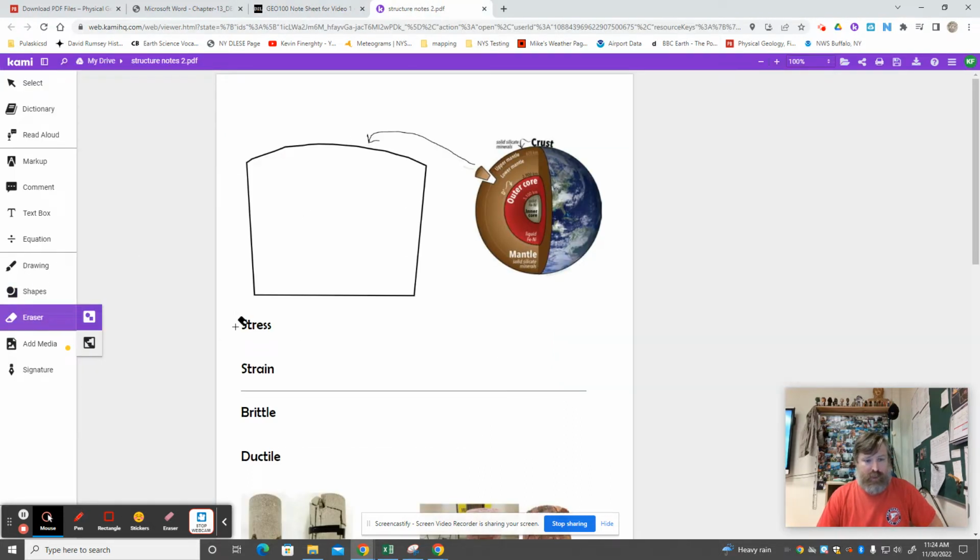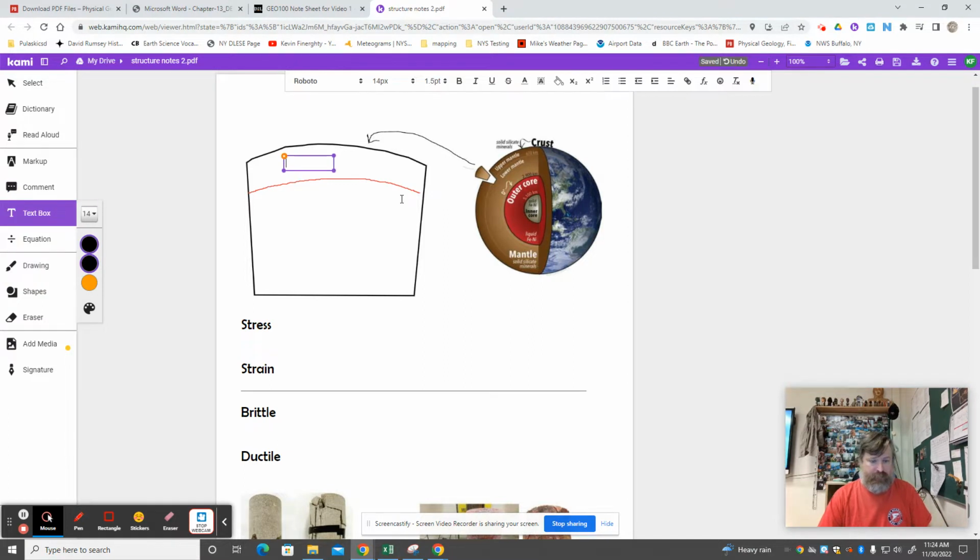Because a lot of what we're about to talk about has to do with the difference between the layer on top and the layer on bottom, being the lithosphere and the asthenosphere. Now, again, when we did this at the beginning of the term, we also threw in the crust and the mantle here, and we talked about all those separate little layers in the Moho and where that is.